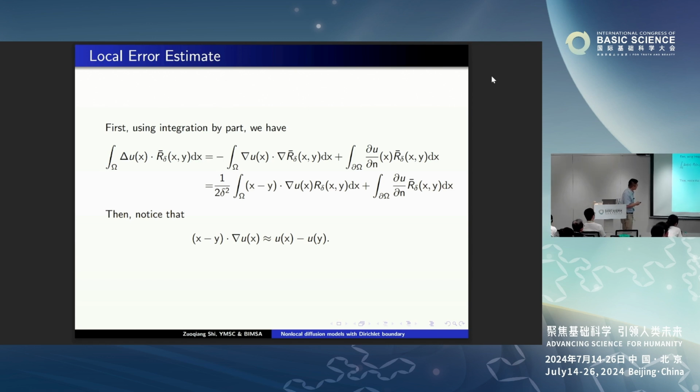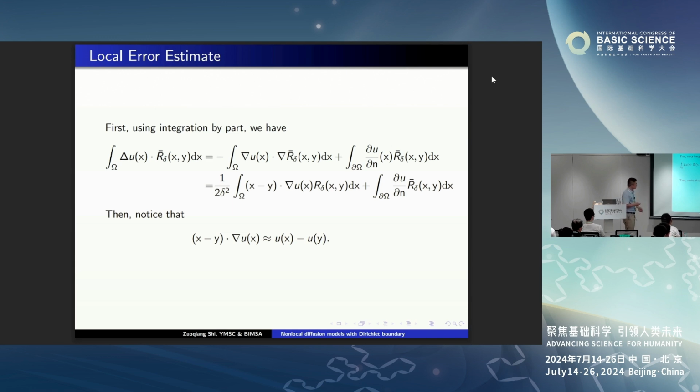One natural way is using the Taylor expansion. This term can be approximated by this difference using the Taylor expansion. It is just the linear term, the first term in the Taylor expansion, right? So one natural way is to just replace this gradient by this difference. Then we can remove the differential operators. But this approximation does not work because it has some error.